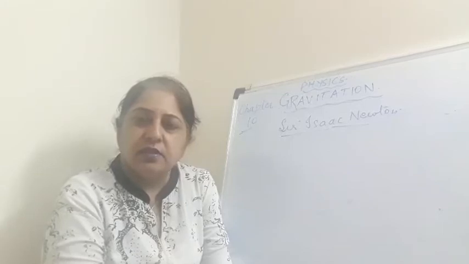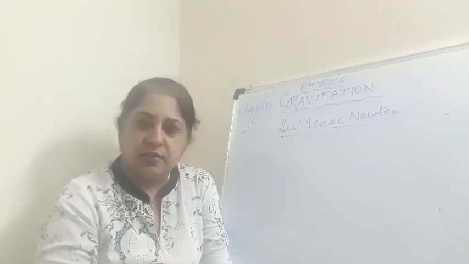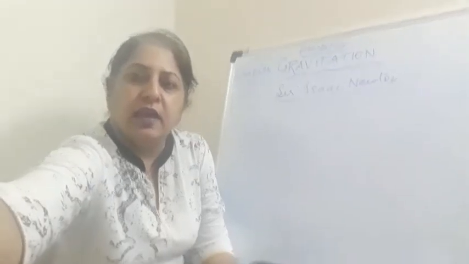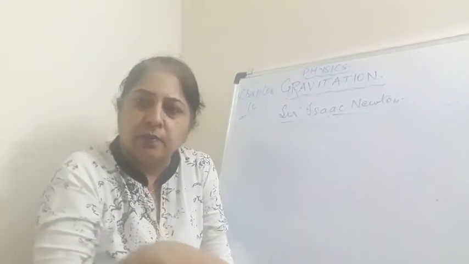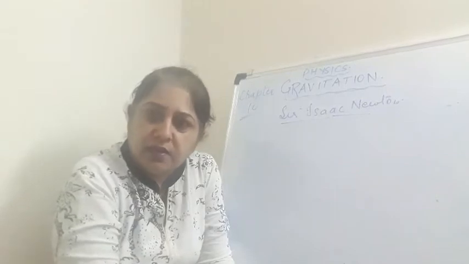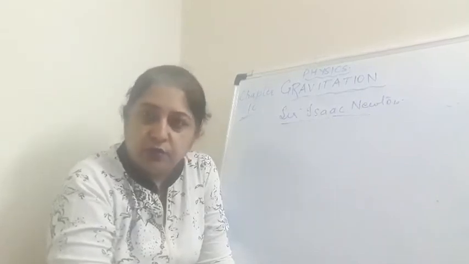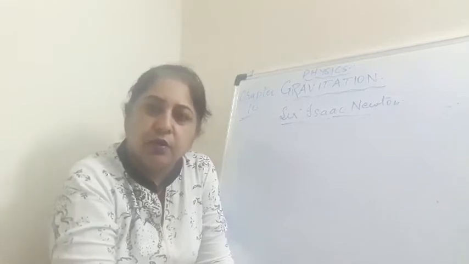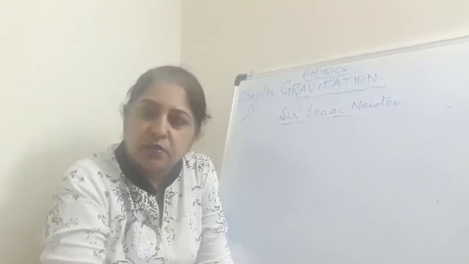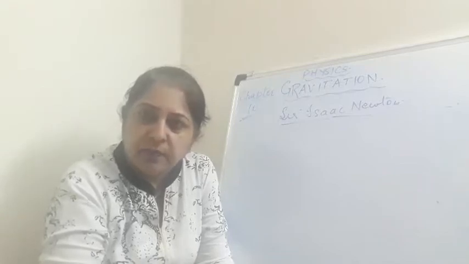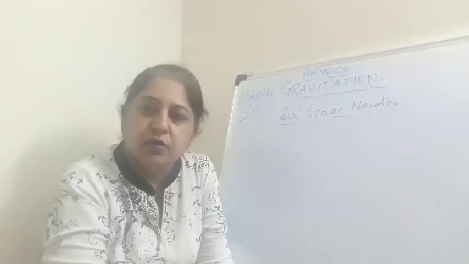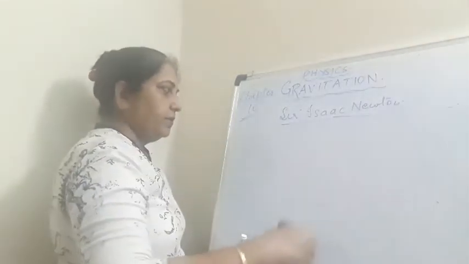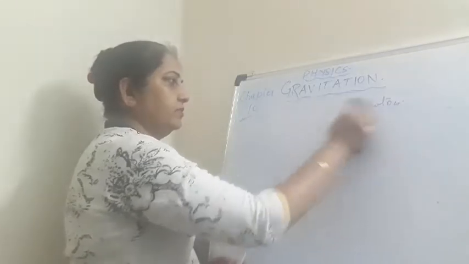Every object in the universe attracts every other object by a force. That force is directly proportional to the product of the masses of the two objects, and is inversely proportional to the square of the distance between them. Now we can write this statement in mathematical form.